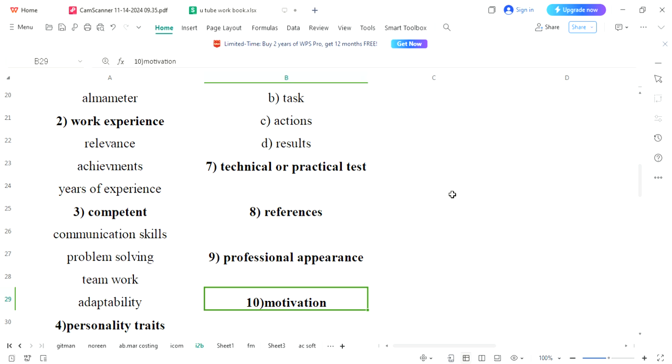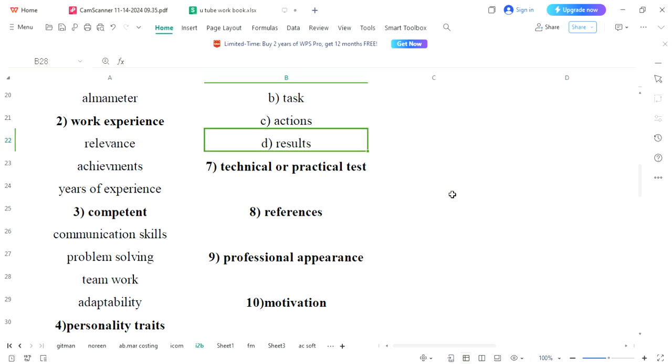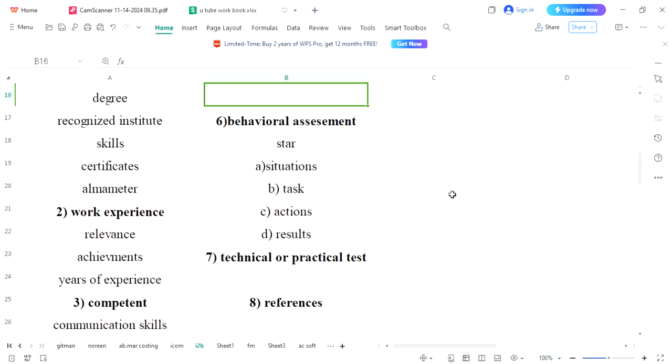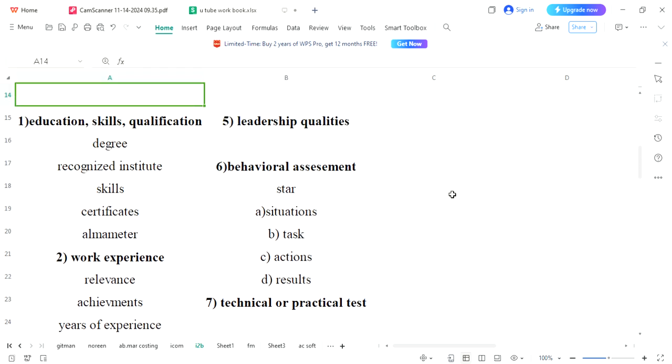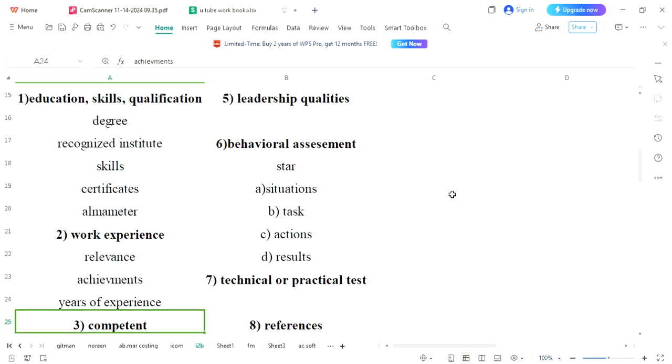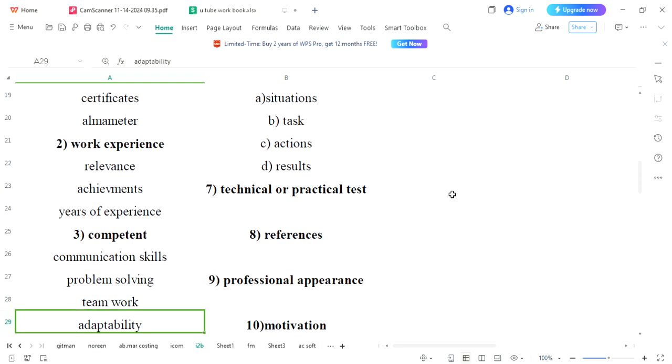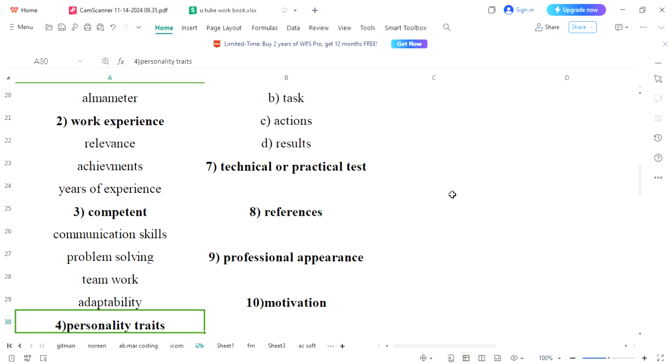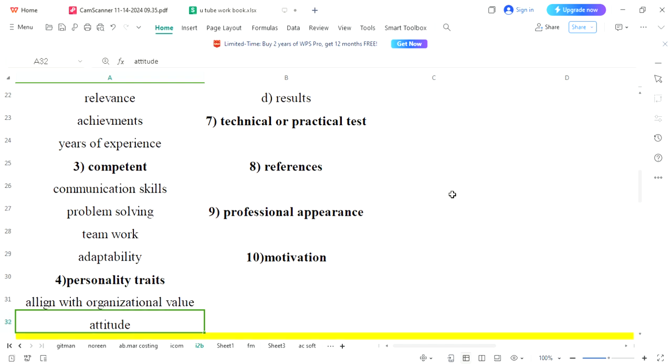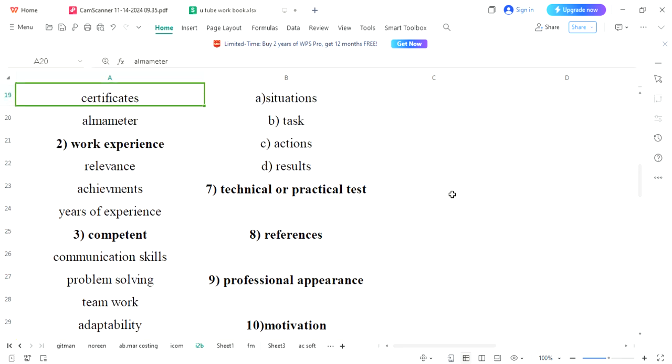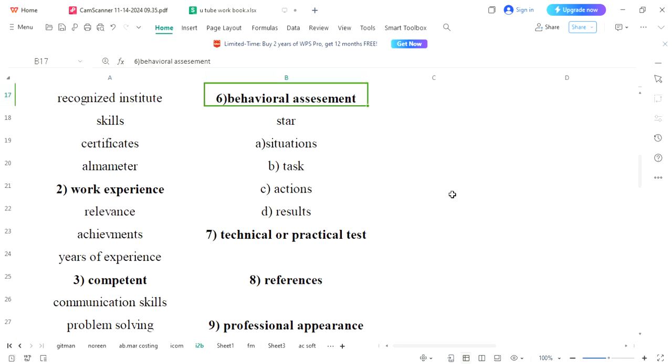So guys, these were a few points with which we decide whether a candidate is productive or not. As usual, we will see and revise. First, you will see his degree, how much experience he has, how good he is in communication. We will see his personality traits and especially his attitude towards goals. And then we have seen his behavior.